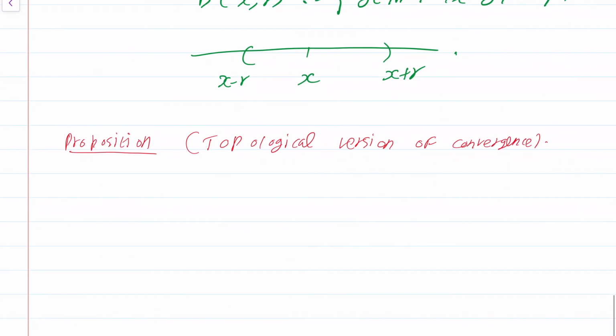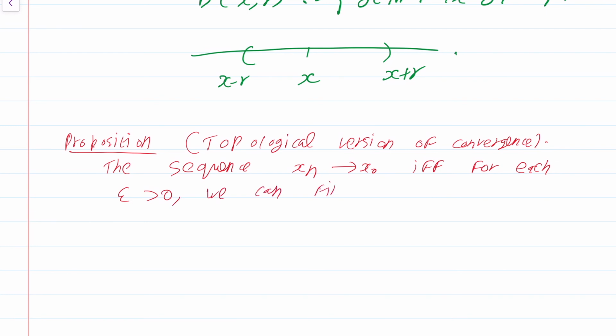The sequence xn converges to x naught if and only if for each epsilon greater than 0, we can find n epsilon in the natural numbers such that for all n greater than n epsilon, xn is there in B(x naught, epsilon), the open ball of radius epsilon centered at x naught.